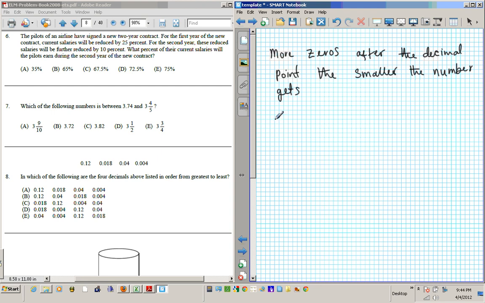Okay, so for example, we have 0.2. It's the same thing as 2/10. Okay? That's tenths. It's like you have 20 cents, right? What about 0.02? That's 2/100. This is just hundredths.